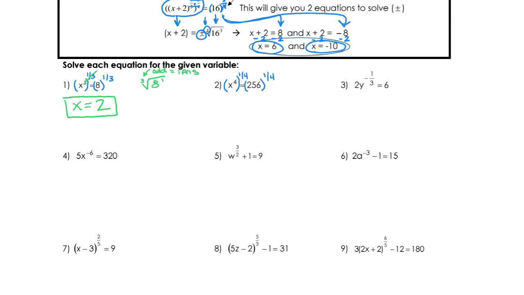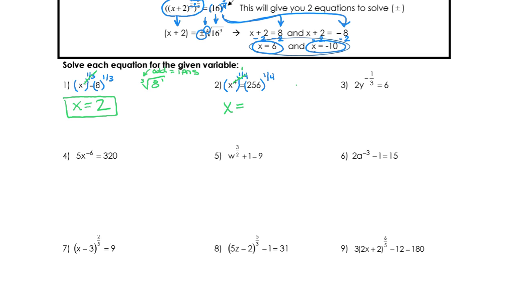Okay? And so again, what happens is that these two exponents, 4 and 1/4, get multiplied, and 4 times a fourth turns into an exponent of 1. And x to the first power is just x. However, on the other side, we would have to take 256 and raise it to the 1/4.